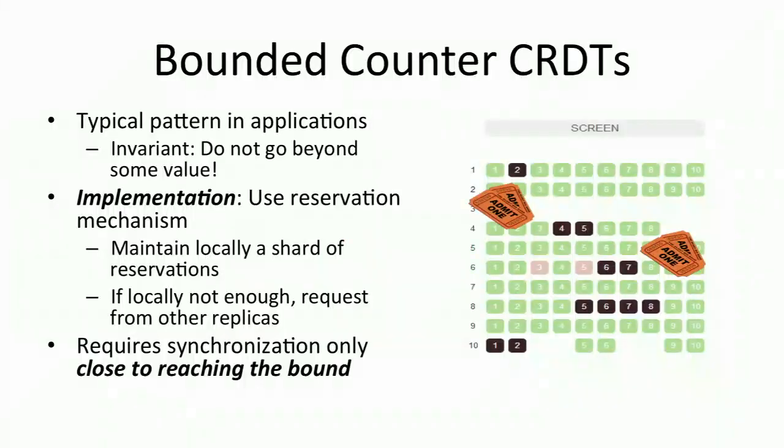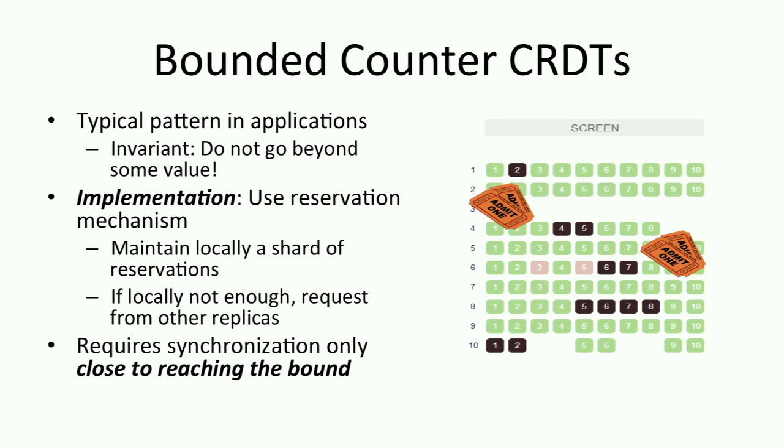So as I said, there are also invariants that cannot be kept in these available partition-tolerant systems. One of these is when you have a scarce resource. So you use a counter that is bounded by some value. For example, the counter could denote open seats in a cinema. As long as there are a lot of seats available, you can easily count up.